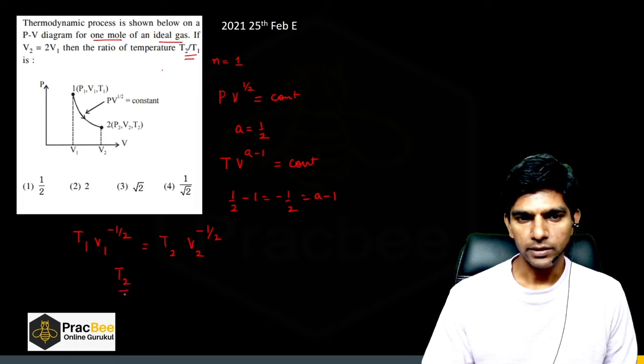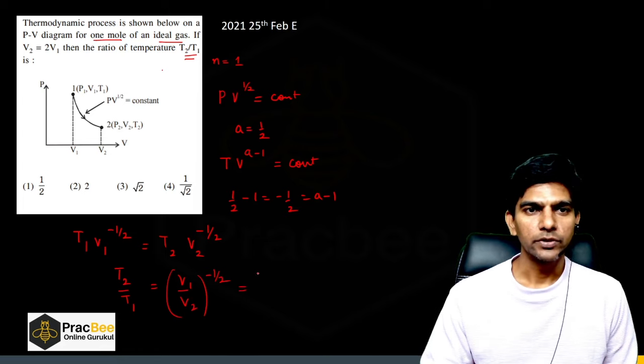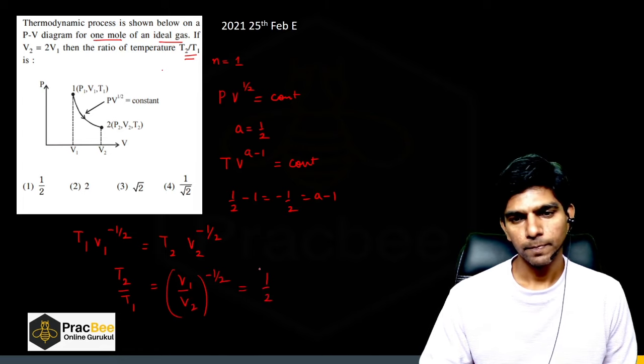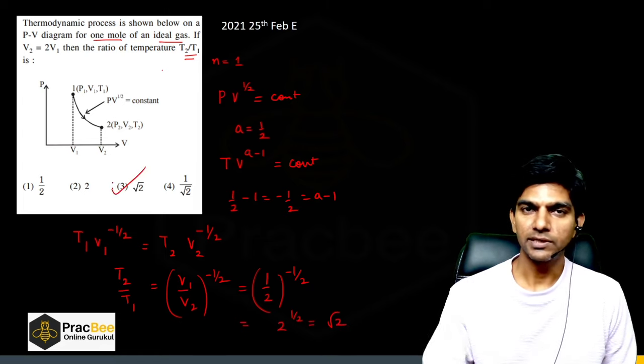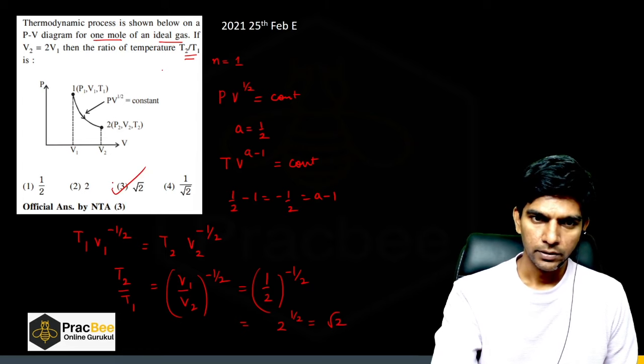So T2 by T1 is equal to V1 by V2 raised to power minus 1 by 2. And V1 by V2 is nothing but 1 by 2, so 1 by 2 raised to power minus 1 by 2. This can be written as 2 raised to power 1 by 2, which is root 2. So option 3 is the right answer.